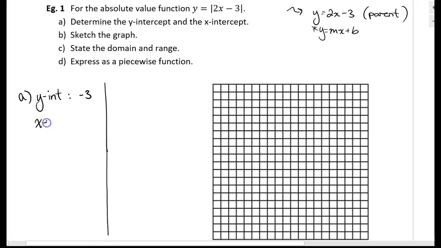My x-intercept, I'm going to need to plug in y equals 0 and solve for it. So 0 equals 2x minus 3, so 3 equals 2x, or x equals 3 halves. Okay, that is my critical point.